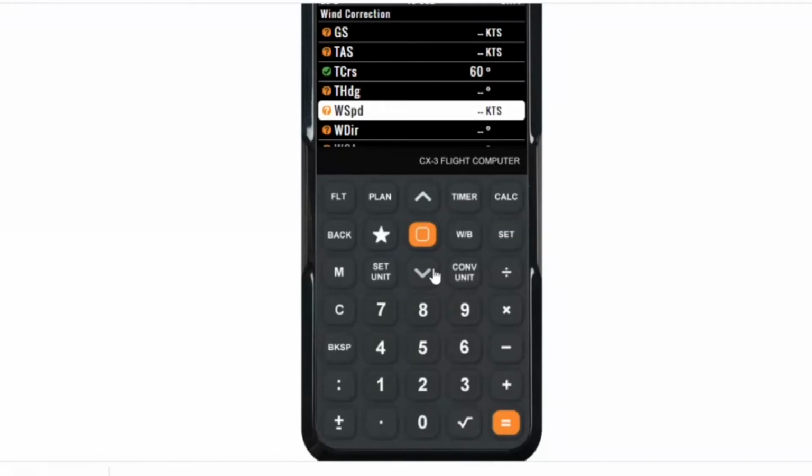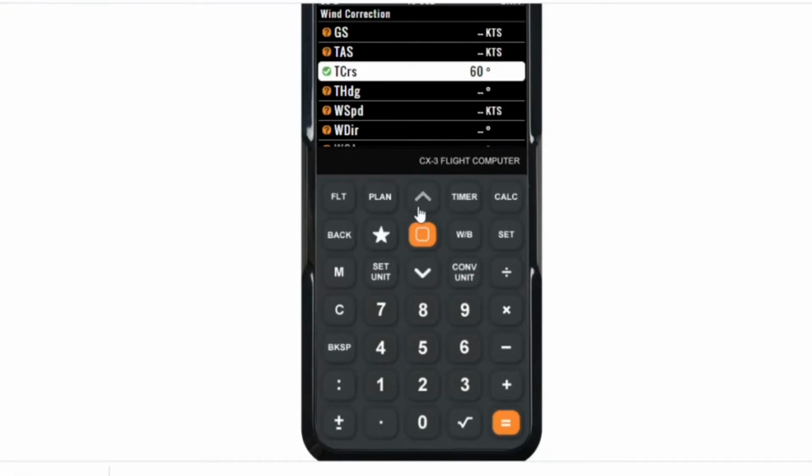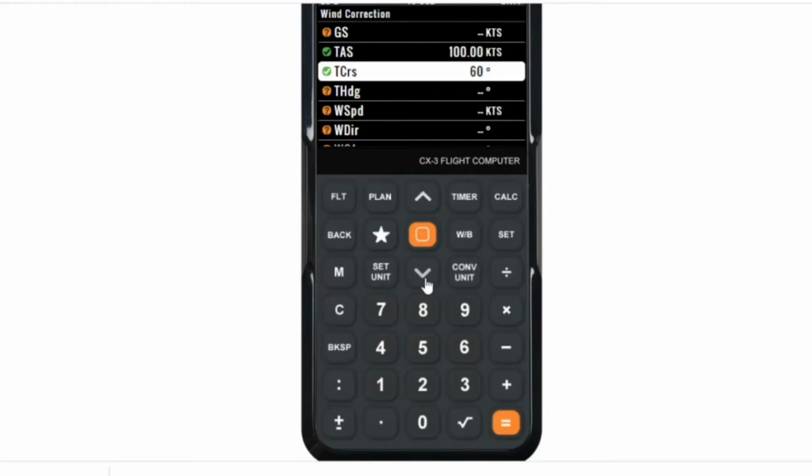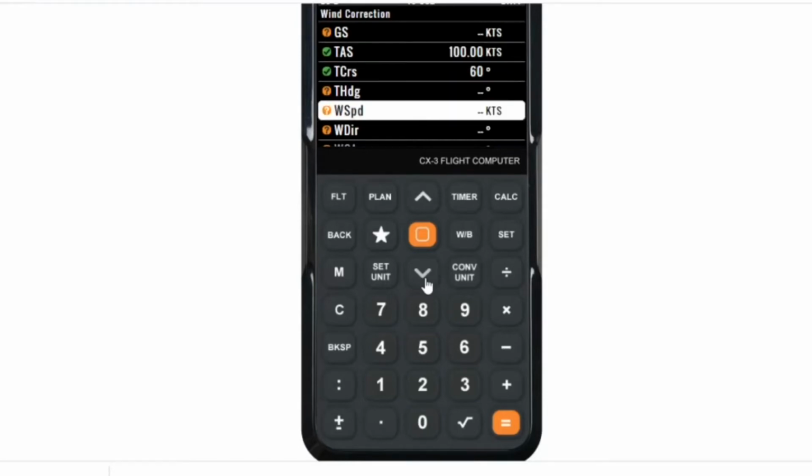It needs to know a couple other pieces of information to calculate that true heading. One, how fast am I going to be going? If we tell it that we're going to be going 100 knots, then that's the next piece. Then it needs to know the wind speed and direction.